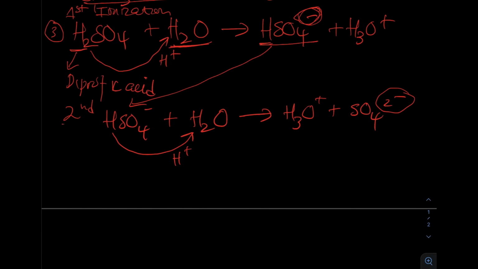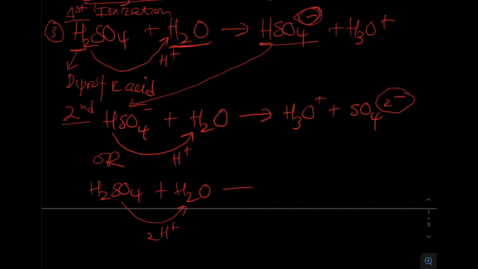Alternatively, you can show this without doing it in steps. You can simply say the sulfuric acid is donating both its protons. So what's going to happen when it donates the 2 protons in water? What are you going to remain with here? It's going to be SO4 2 minus.